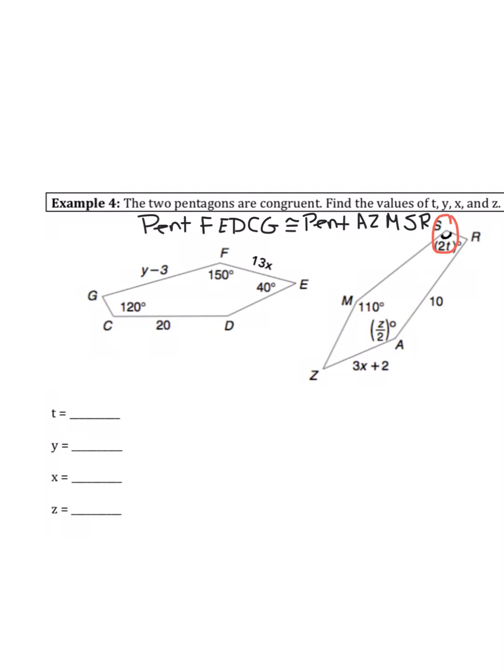If I go to my statement, S was the fourth letter, so it matches with angle C. So when I'm solving for t, I'm starting with angle S is congruent to angle C. Since S measured 2t, that's going to be equal to the measure for angle C, which is 120. So I divide by 2, and I find that t is 60.